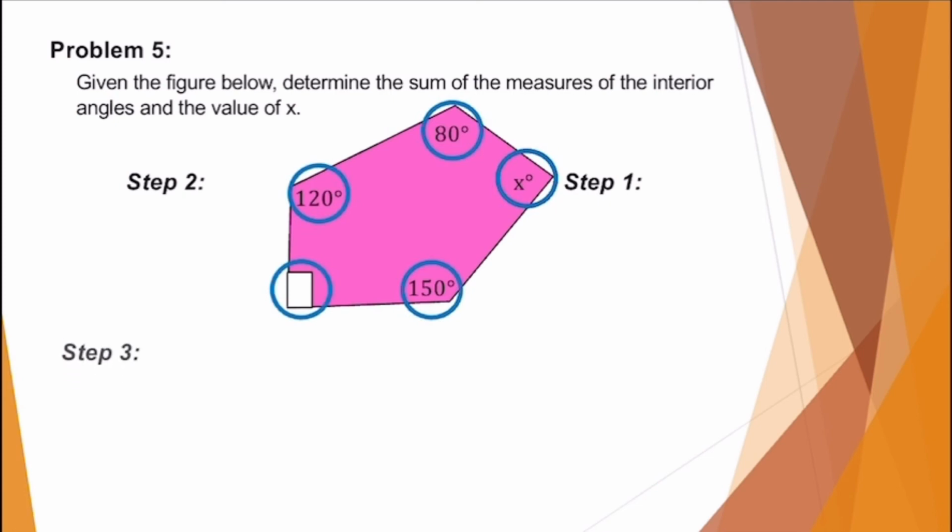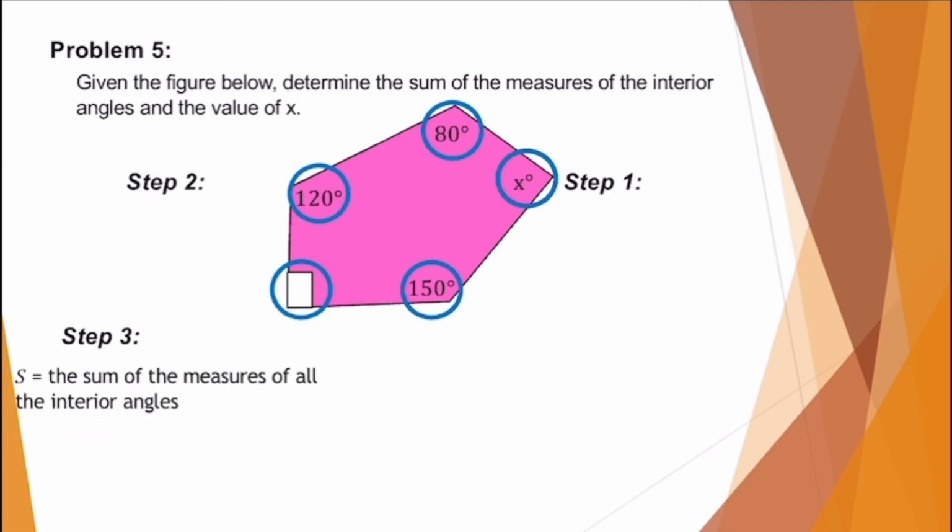For our step 3, for our solution, let S be the sum of the measures of all interior angles and N be the number of sides of a polygon. So let's apply first the formula in finding the measures of all the interior angles to find the sum of all the interior angles.